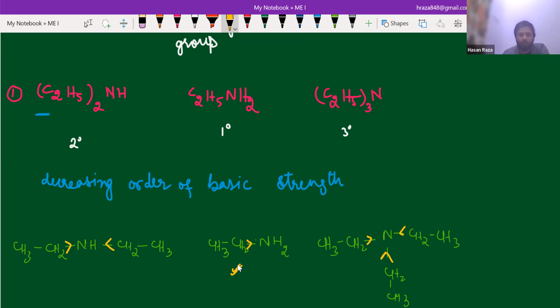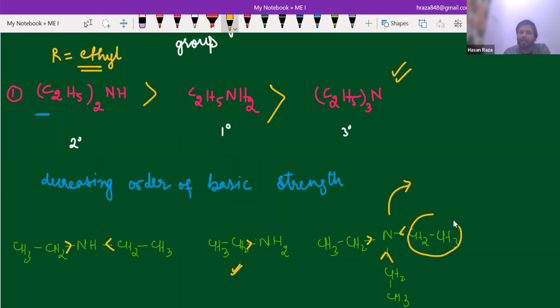But in fact, when you do it practically, you will get that in amine, when R is ethyl, the second degree is the most basic, then 1 degree, and then 3 degree. Why is it so? Because on nitrogen there are 3 bulky groups, steric hindrance will be there and it will be less stable. That's why it comes last.